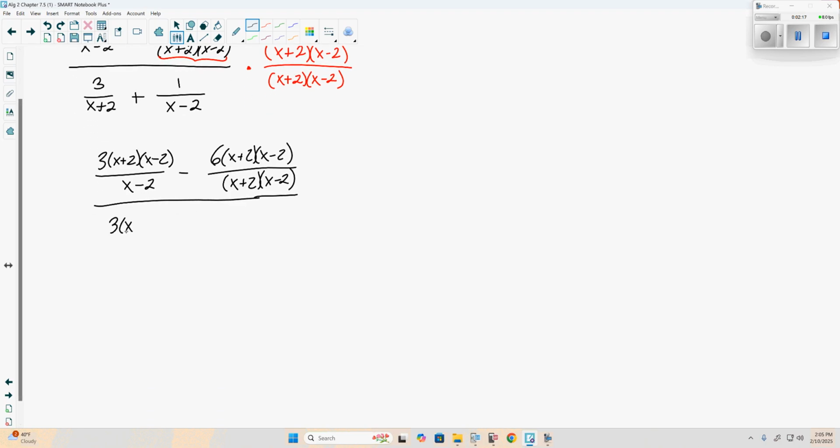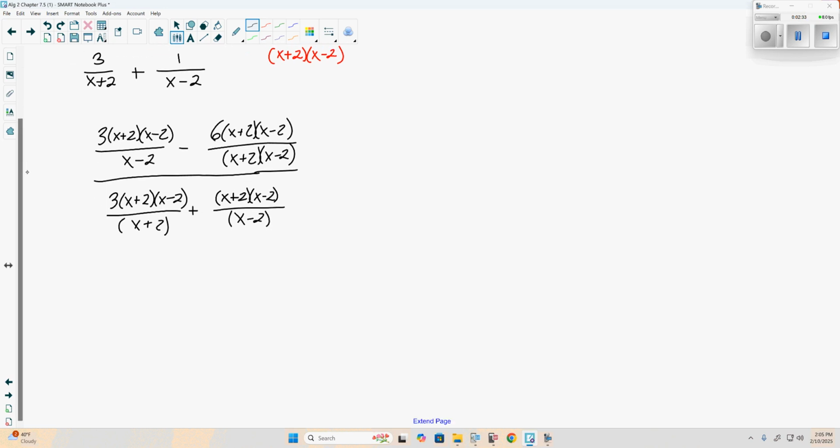On bottom, we're going to get 3 times x plus 2 times x minus 2 over x plus 2, plus x plus 2 times x minus 2 over x minus 2. Now on top here, the x minus 2 and x minus 2 will cancel. The second one, the x plus 2 and x minus 2 cancel. On bottom, x plus 2, x plus 2, x minus 2, x minus 2.